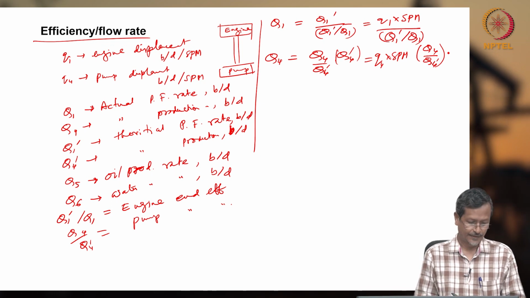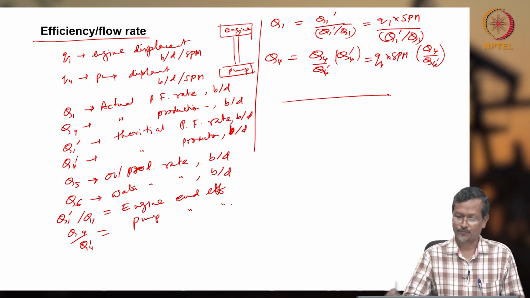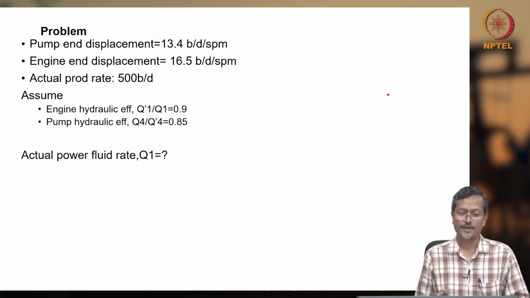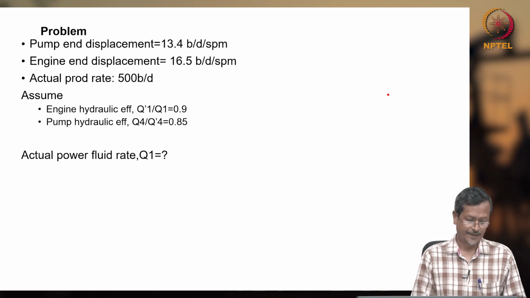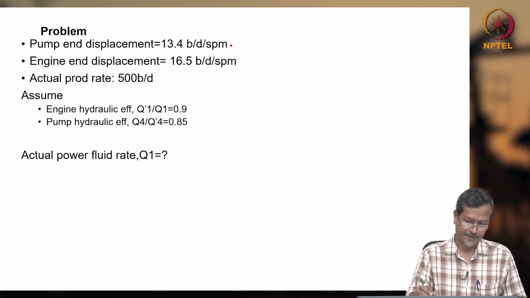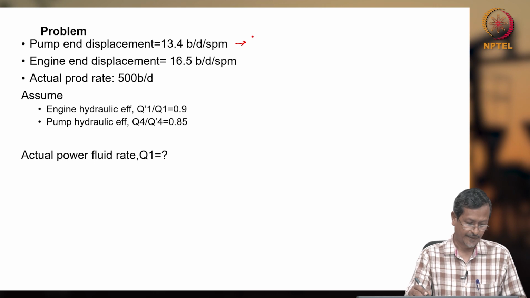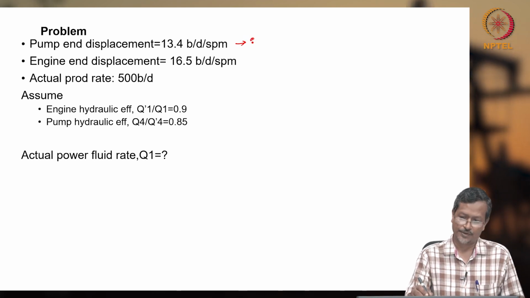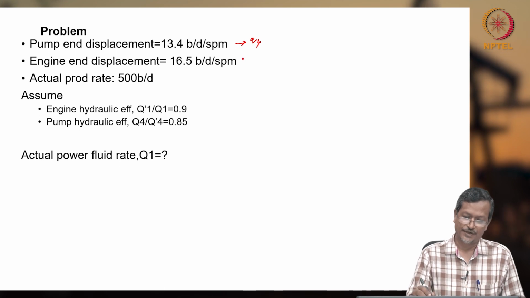Now using this formula we'll try to solve a problem. Pump end displacement, q4, is given. Engine end displacement, small q1, is given.